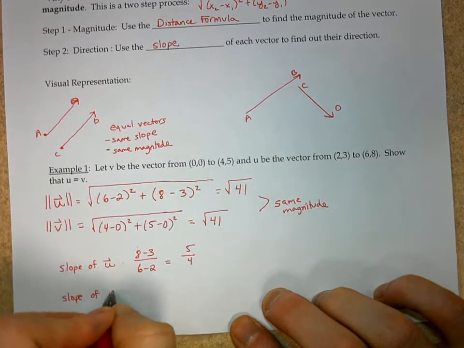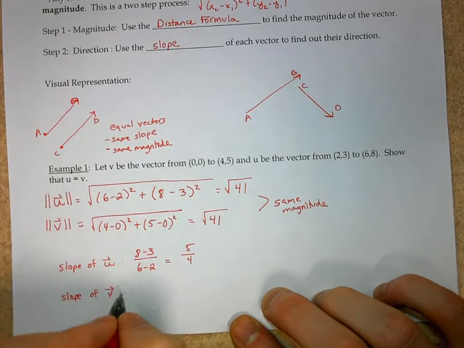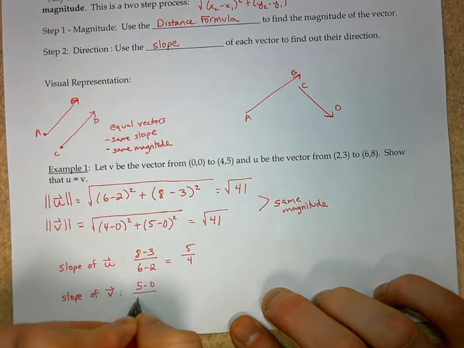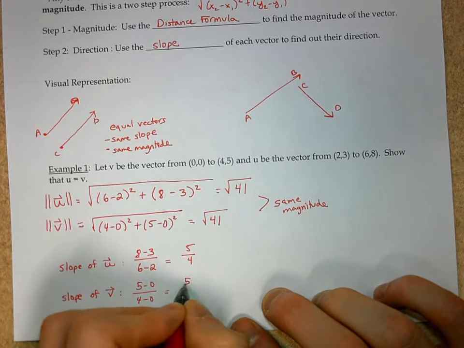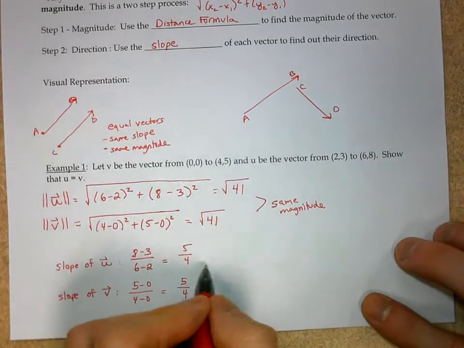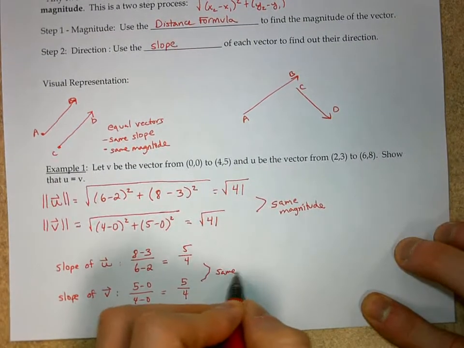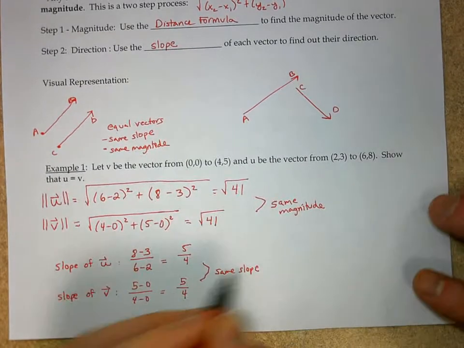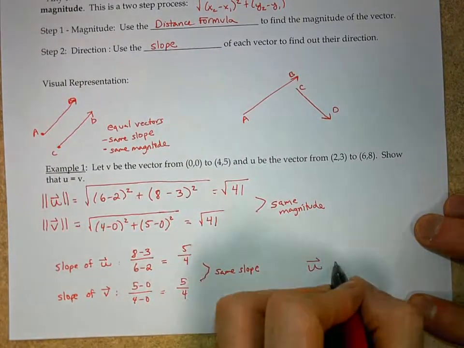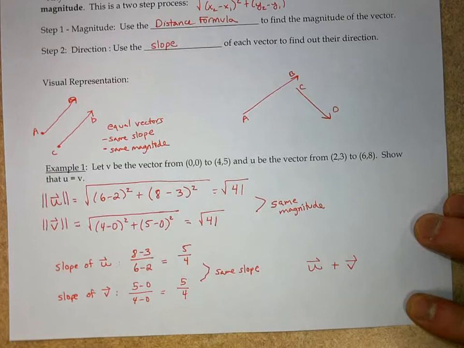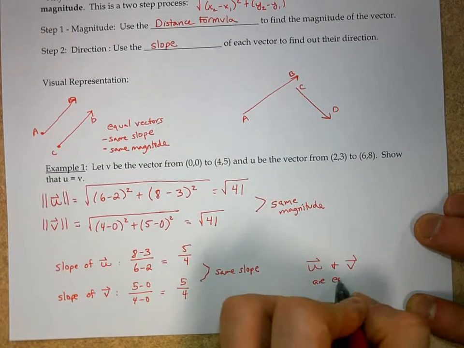And the slope of V is going to be 5 minus 0 over 4 minus 0, which is 5/4. So here we've got the same slope, and since we've got the same magnitude and the same slope, U and V are equal vectors.